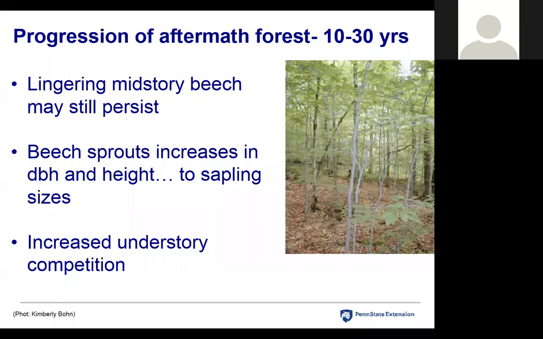And then, as many of you in Massachusetts, New Hampshire, Vermont, New York have seen, through those decades you'll see an increase in the beech sprouts, the root suckering. Over time those are increasing in diameter and height, almost getting into sapling sizes. And this is that point where we start to see increased understory competition with other more desirable species. And this was the concern for a long time.